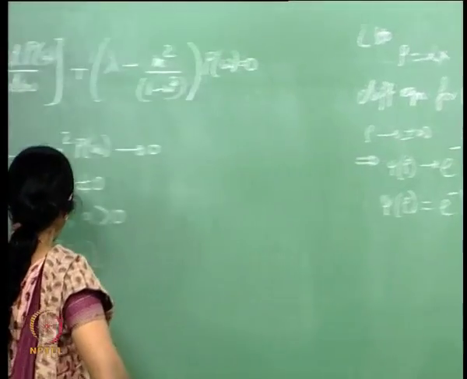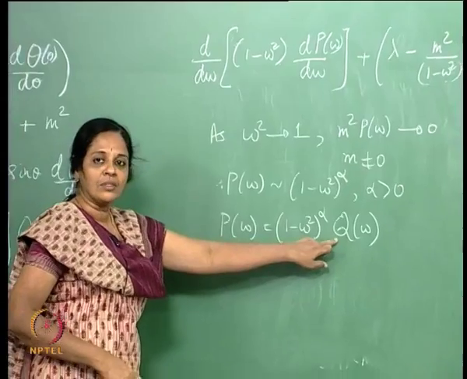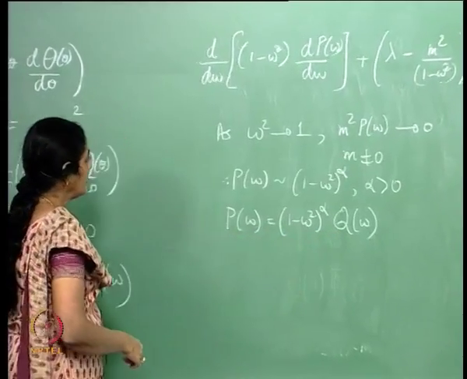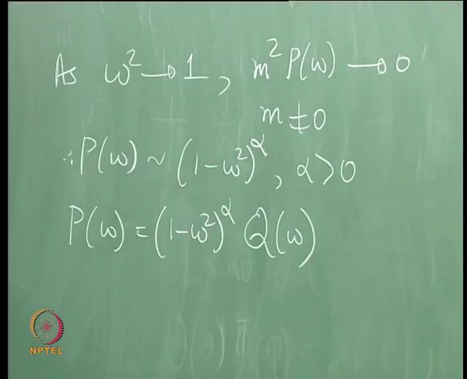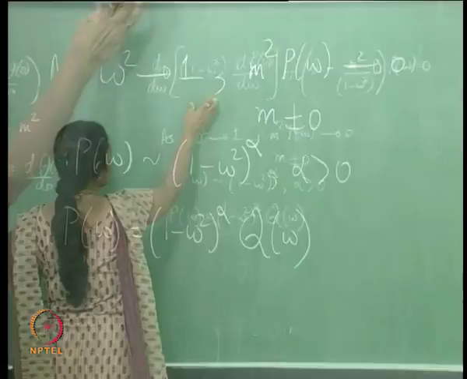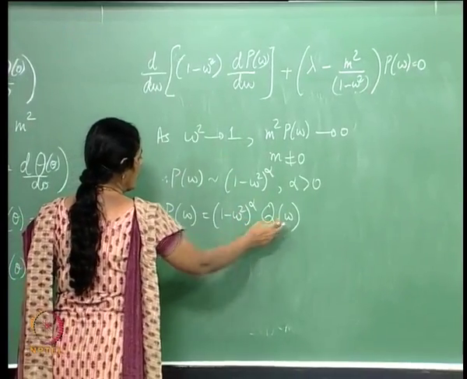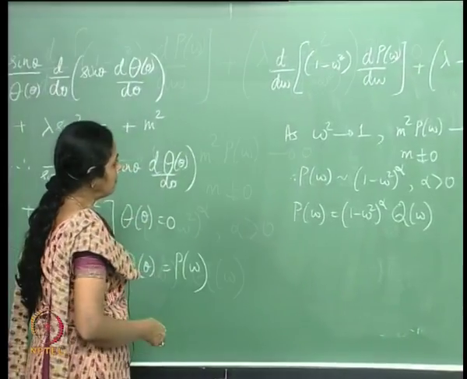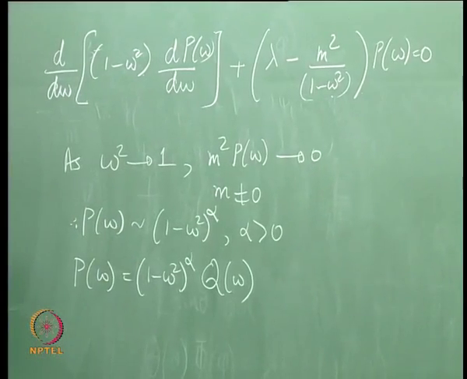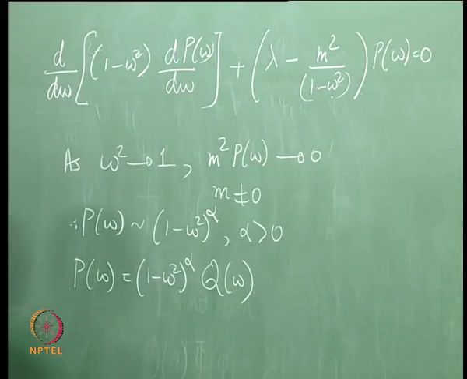So, we will have to do the same kind of thing here and try to solve for Q of W. Now, my aim is to get a differential equation for Q of W, and that can be simply done.